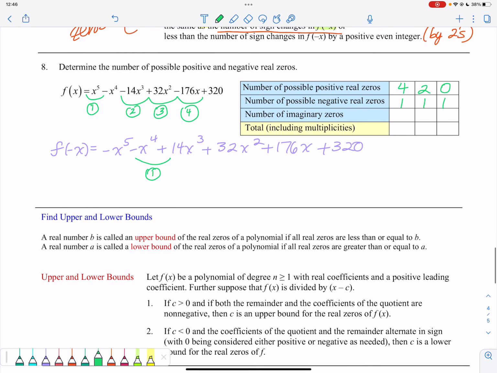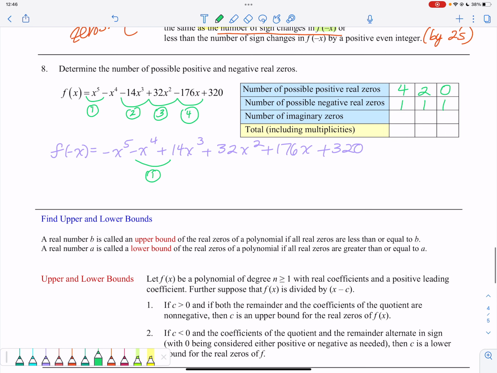Now, the number of imaginary zeros: the total, including the multiplicities, must sum to n, and n is equal to 5. So all of these columns need to sum to 5 since n is equal to 5.